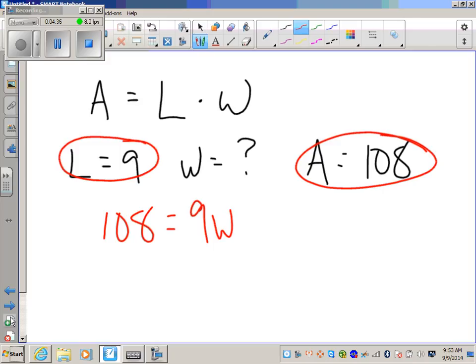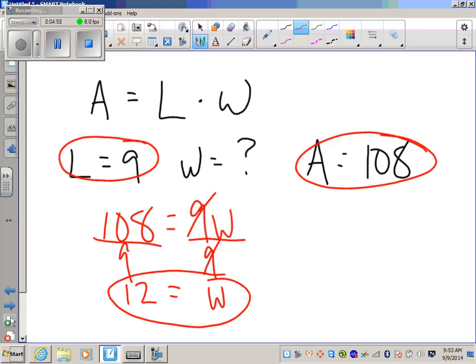Now this should look like any of the equations that you had for today's assignment. How am I going to find W? I'm going to do the opposite, which is what? By what, Micah? Divide both sides by 9 and 12. The width is going to be 12. Okay. You good?